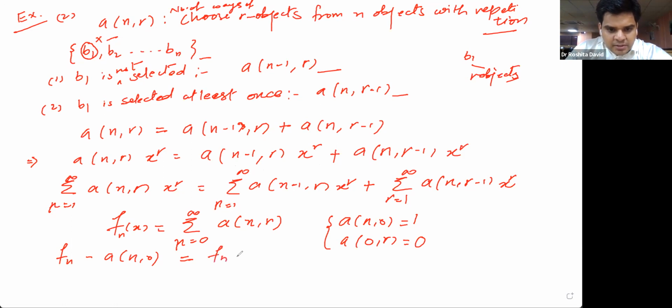Since we are starting from n minus 1, this is representing f n minus 1. I'm taking x outside, so x to the power r minus 1 will come here. This is representing f n.